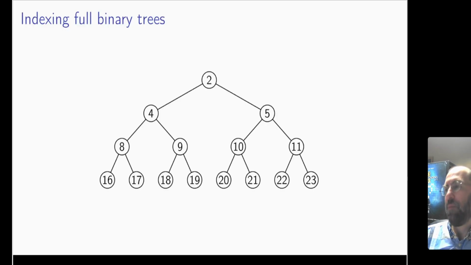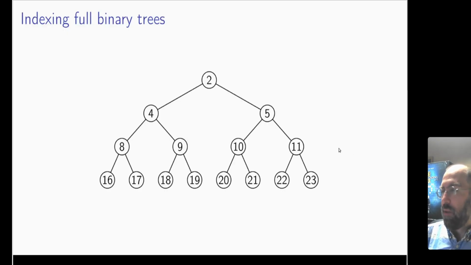And so we're just going to switch to using 2 for the root. Now this means the numbers are no longer consecutive. Like 3 is missing, 6 and 7 are missing, but we don't really care about that. It still has this nice property that every node's children are twice it and twice plus 1, and all the nodes on a particular level are numbered consecutively, like 8, 9, 10, 11, and so on.